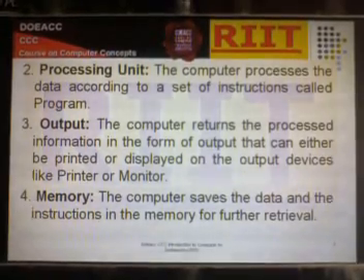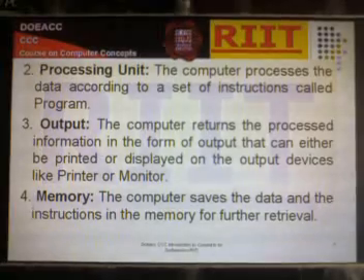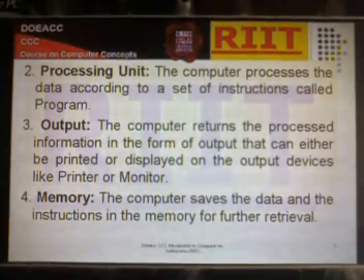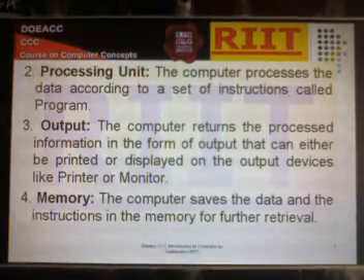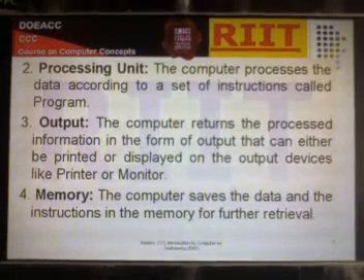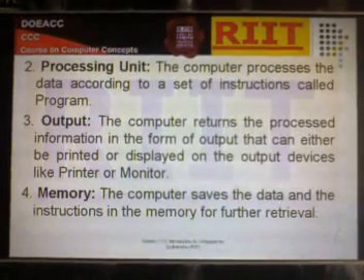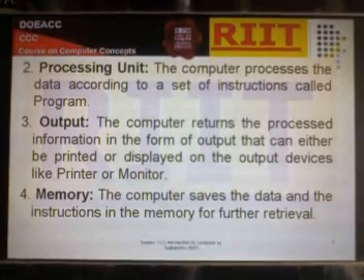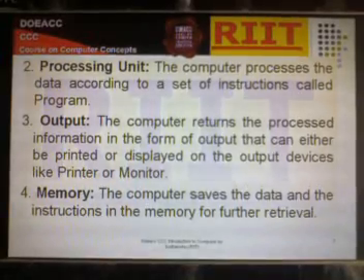Output: the computer returns the processed information in the form of output that can either be printed or displayed on the output device like printer or monitor. Memory: the computer saves the data and the instruction in the memory for further retrieval.